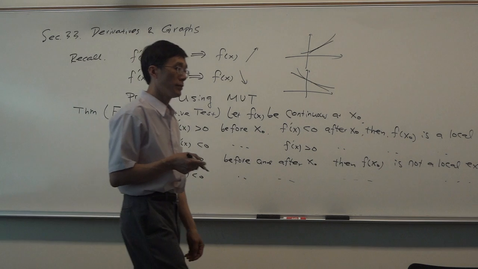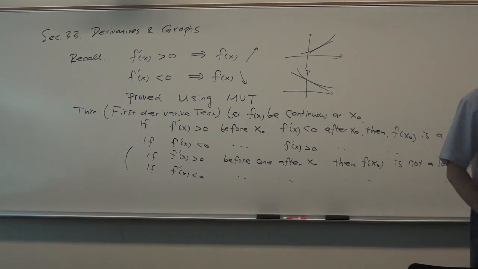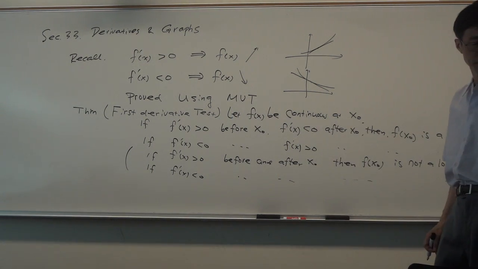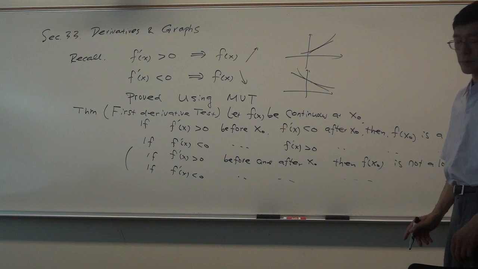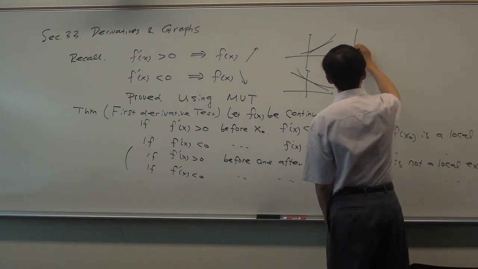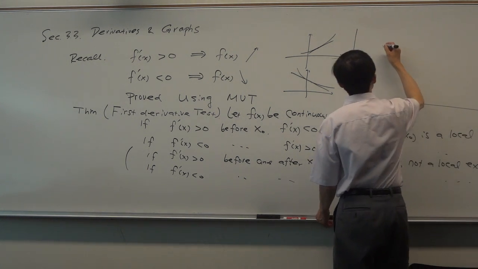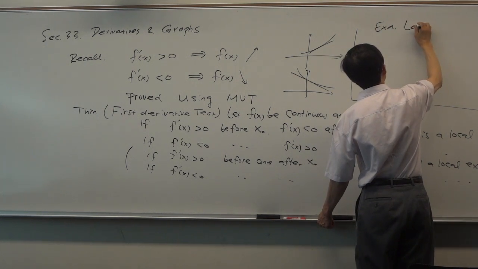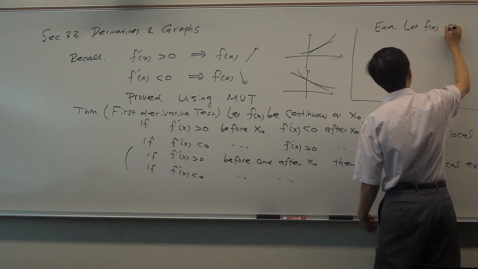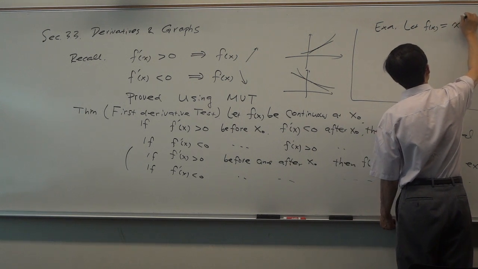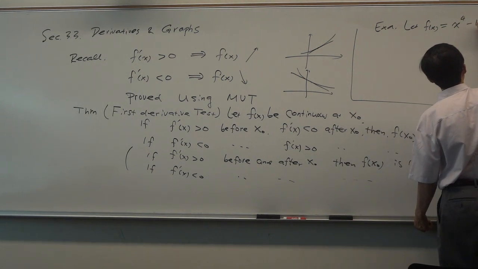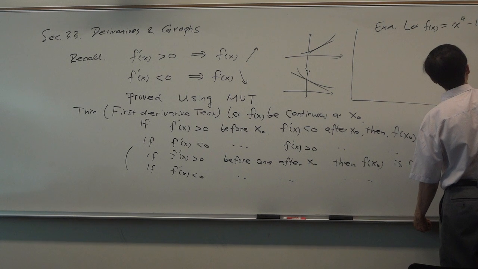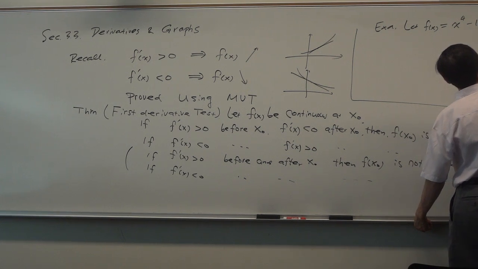Let's look at an example. Let f(x) be x to the 4th minus 18x squared plus 40.